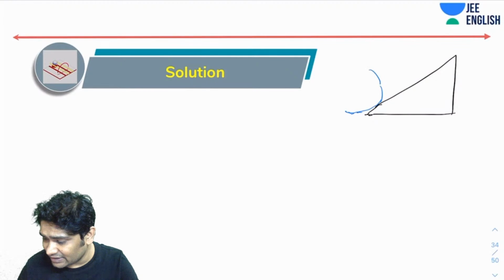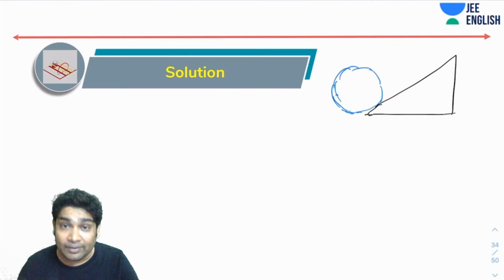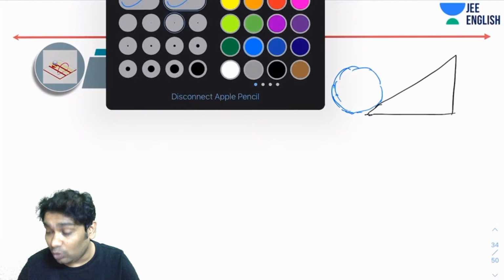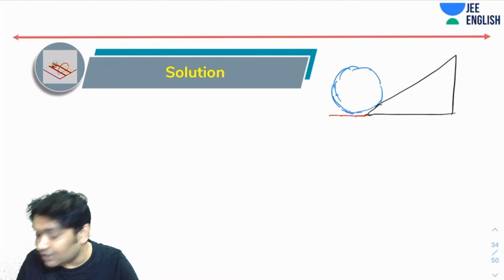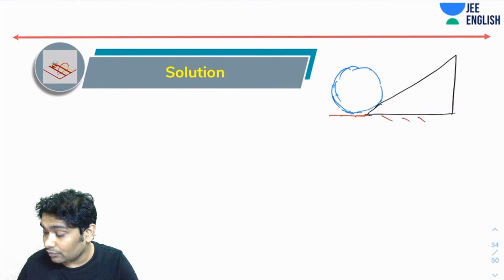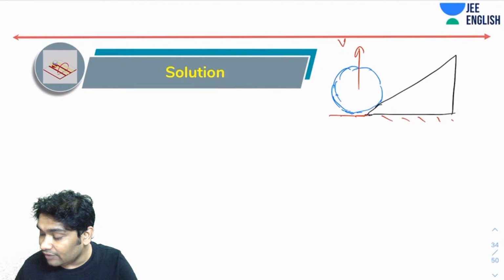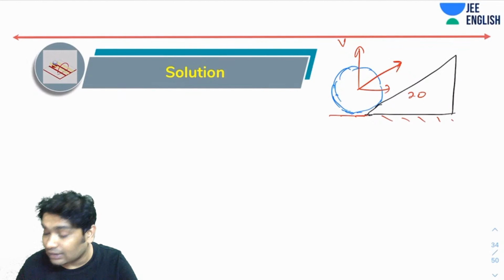So let's see how to solve this. If I move to the reference frame of the wedge, now what should I see? The wedge obviously will appear stationary. This guy already had a velocity v upward, and this guy will now have a velocity of 20 here. So the net velocity would be a vector sum of these two, and that should be up the incline, right?